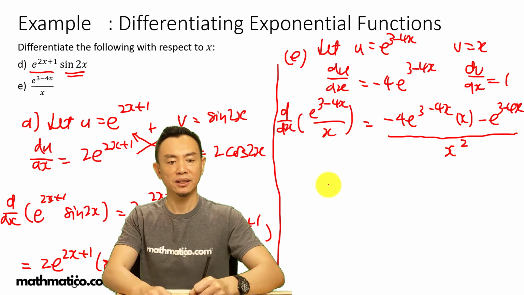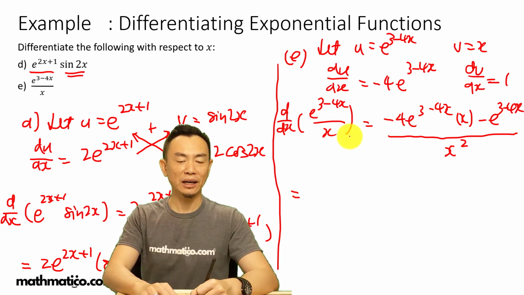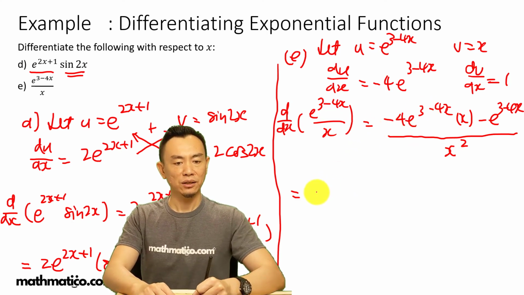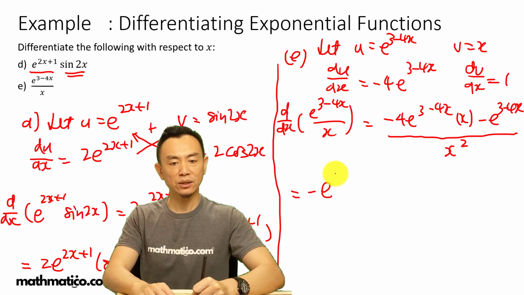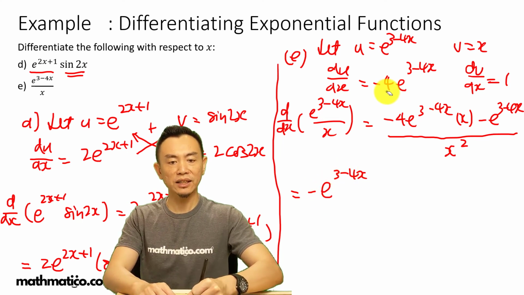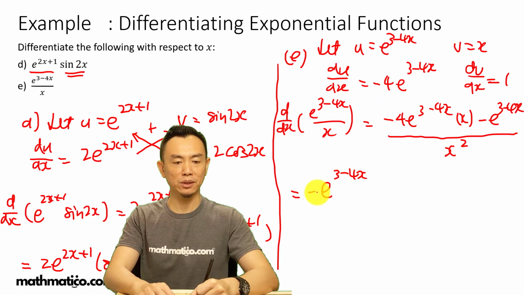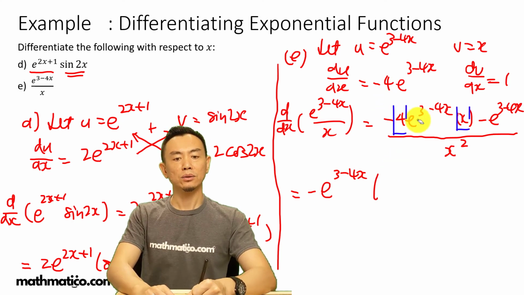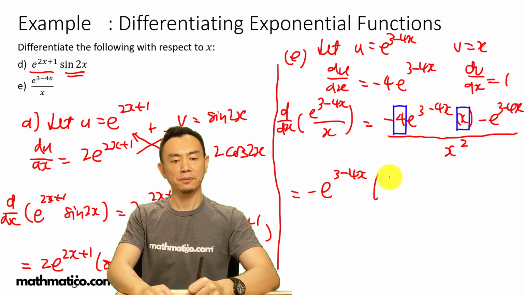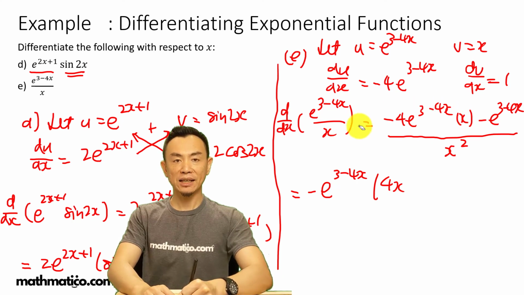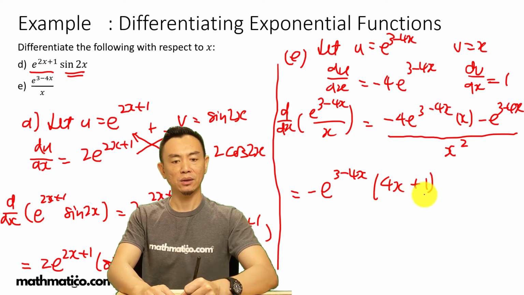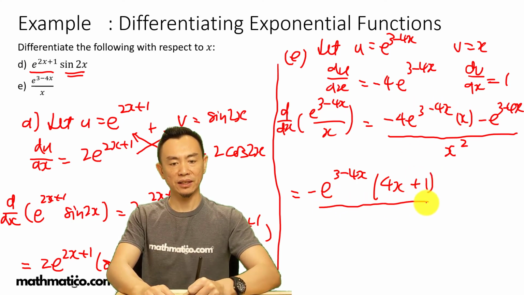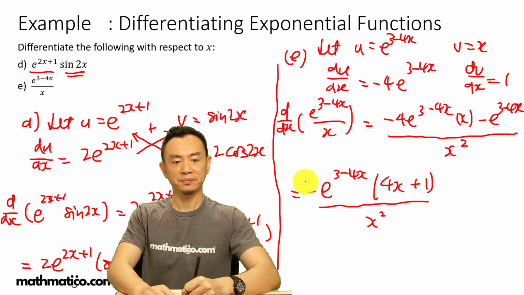Finally we end with factorization. You have negative e to the power of 3 minus 4x. The negative is common to the two terms, so I'm going to factor out the negative. So look carefully, this is 4x, the negative sign is factored out, so it's a plus 1, all over x squared.